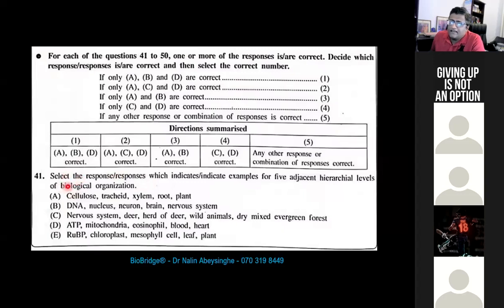It asks you to select the response or responses which indicate examples for 5 adjacent hierarchical levels. So when you are getting a question, you have to see what the keywords are. You have to find out what the keywords are, right? They are asking you for examples for 5 adjacent hierarchical levels.